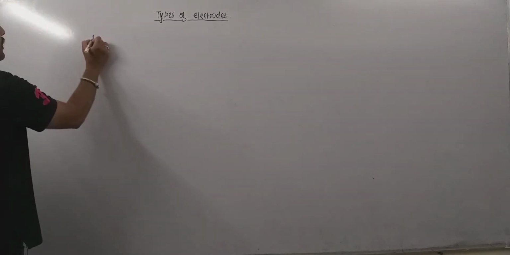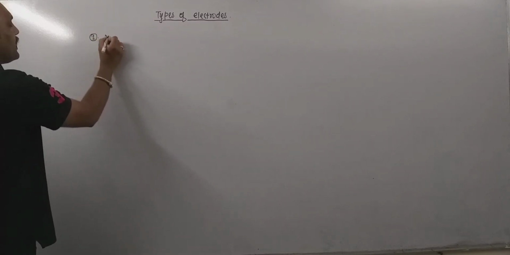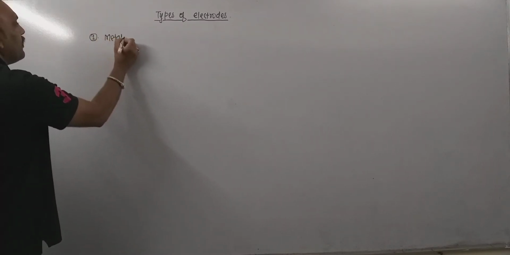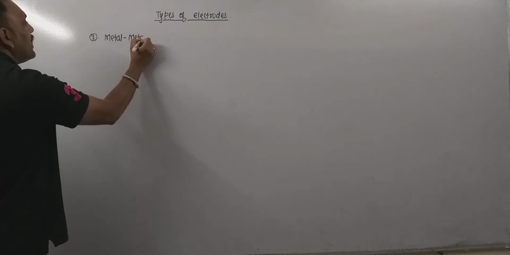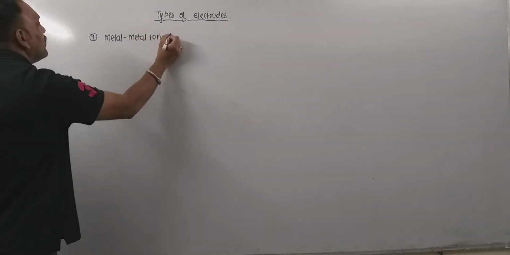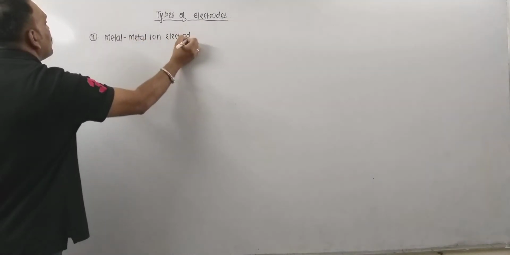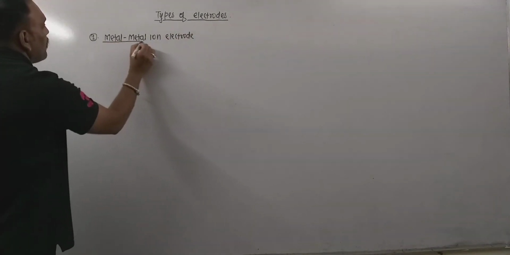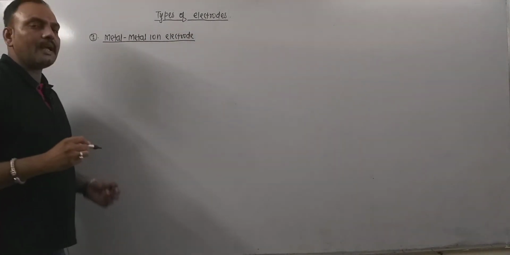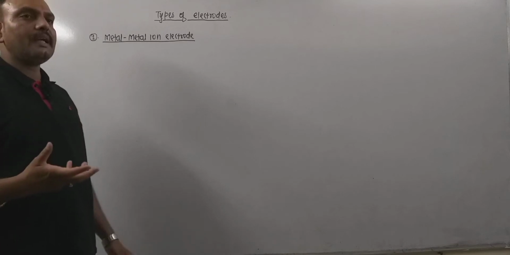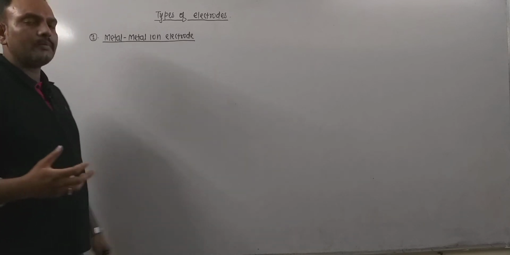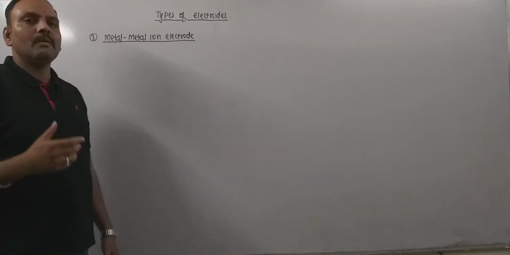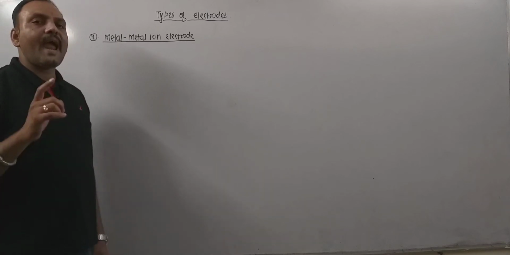So, the very first type is the metal ion electrode.